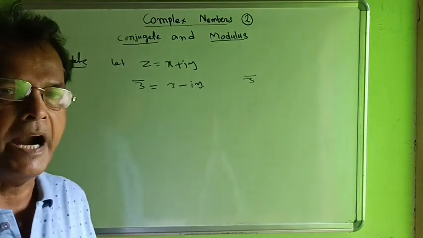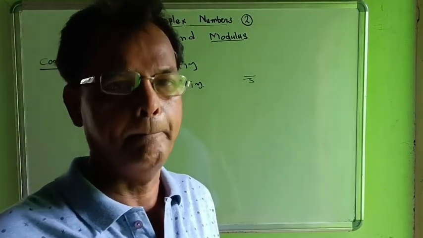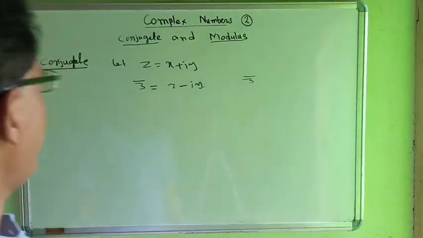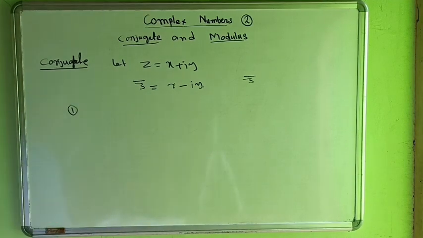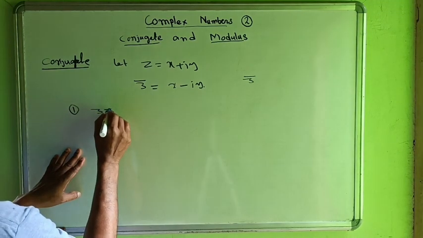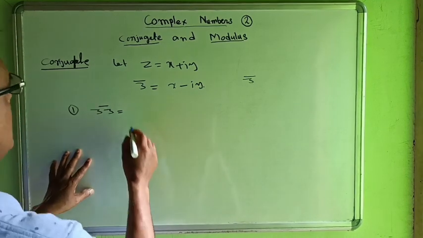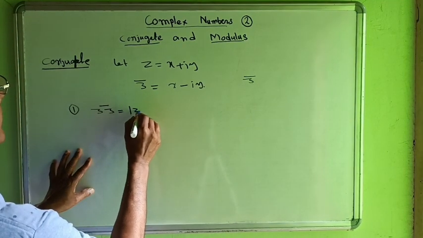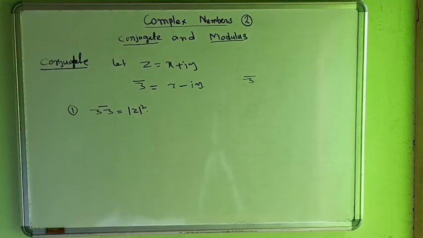There are many properties of conjugate of a complex number. Number one property, we have to know this property. Z times z bar is equal to modulus z square. Very important property.